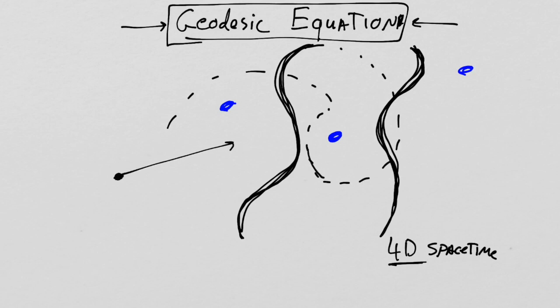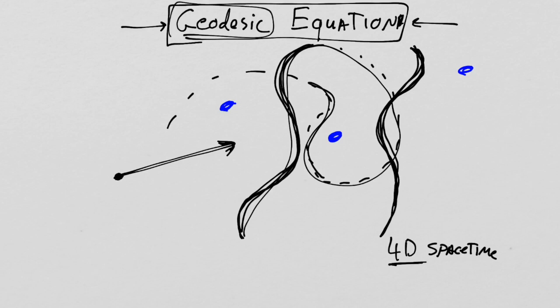It's the force of gravity which causes it to twist and turn in this example. But if there was no force of gravity, it would move in a straight line. And those straight lines are, in fact, geodesics of flat Euclidean space.